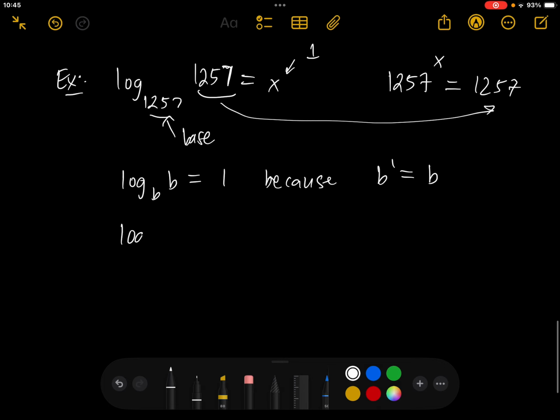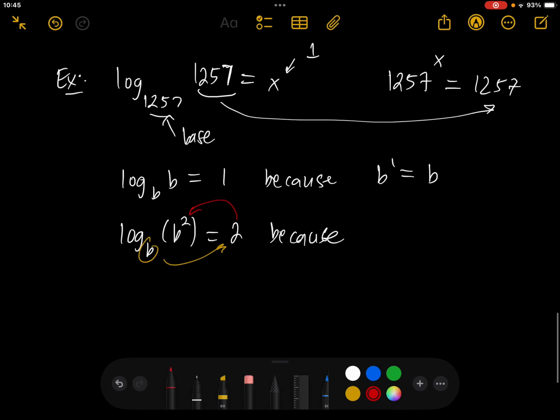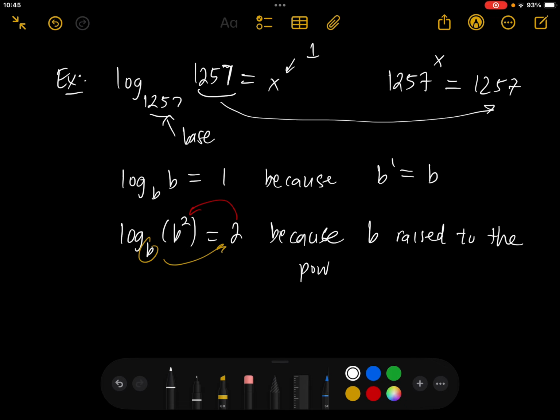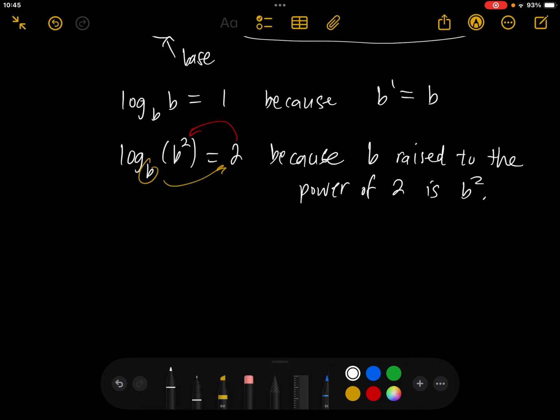What about log base b of b squared? Well, that's 2 because if you raise b to the 2nd power, you get b squared. Because b raised to the power of 2, I just don't want to write b squared equals b squared, so that's why I'm writing it in words. Raised to the power of 2 is b squared. So now we see where we're going, right?